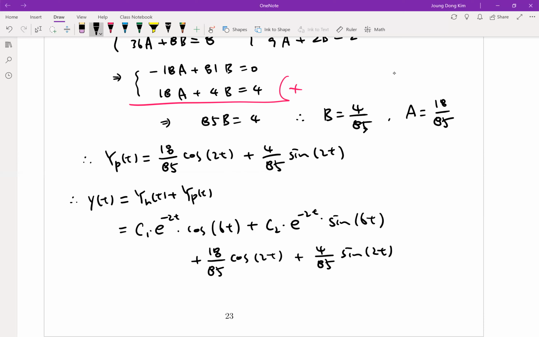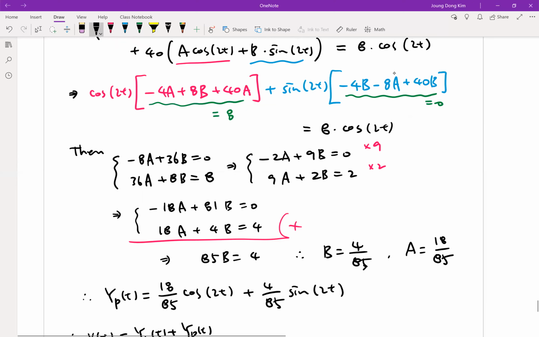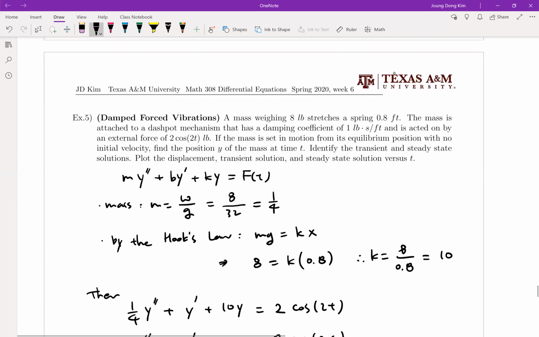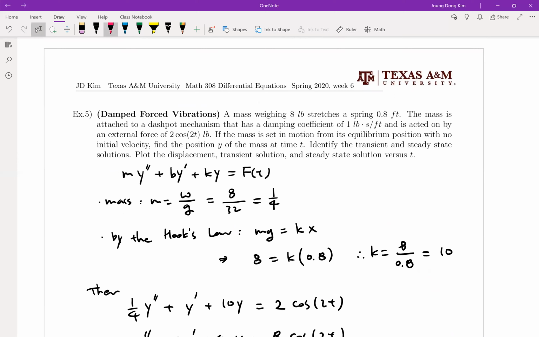But we are not done yet, because in this problem we had initial conditions as well. What was the first initial condition? Let me come back. Look at that, we didn't take care of the initial condition yet. Whenever you encounter this kind of problem, you have to decide the initial conditions.